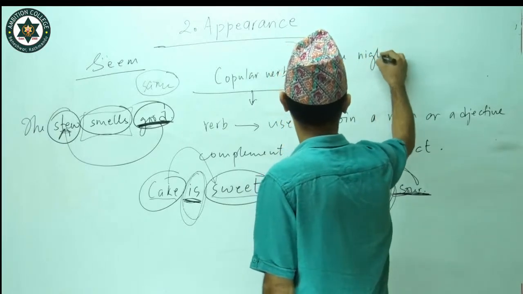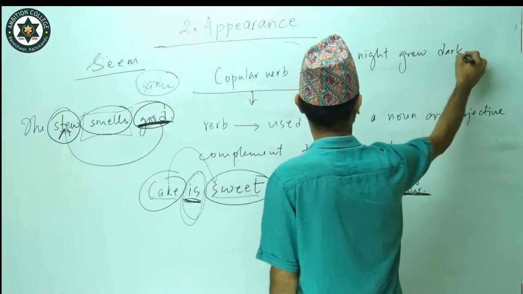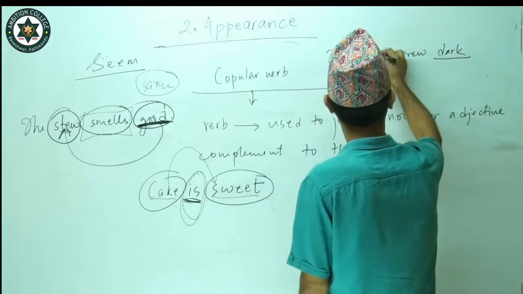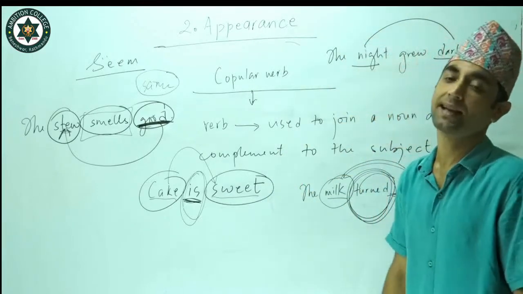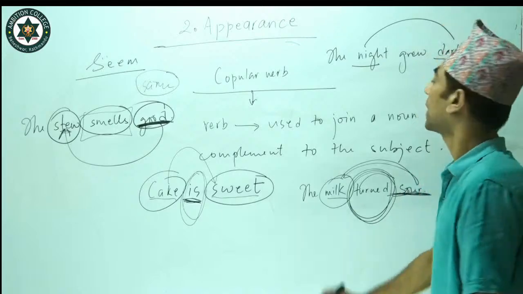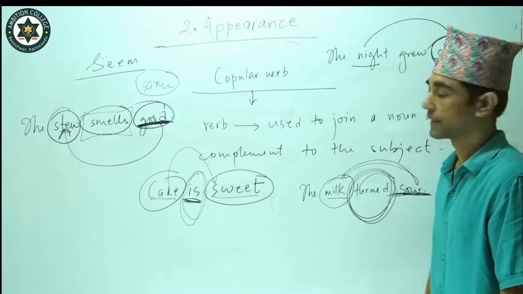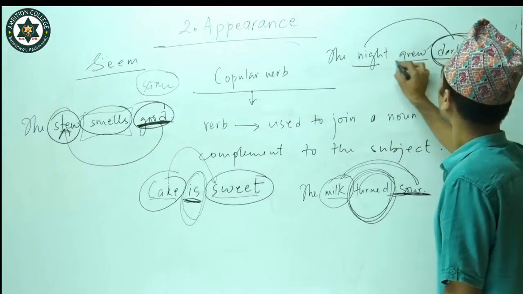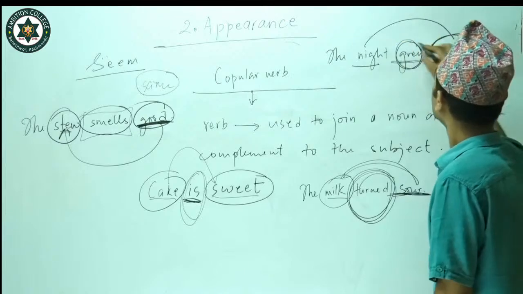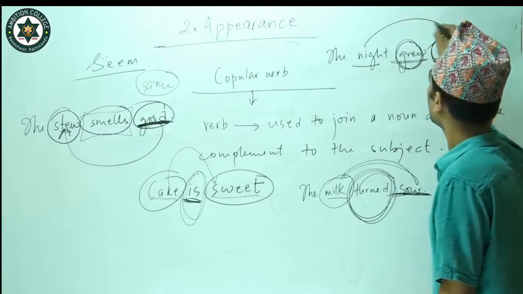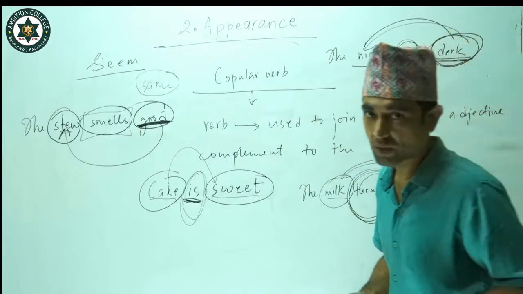There is a likeness, similarity between night and dark. And this subject night is joined to the complement dark, this adjective, with the help of the word grew. So this grew, joining this adjective complement to the noun, is the copular verb.